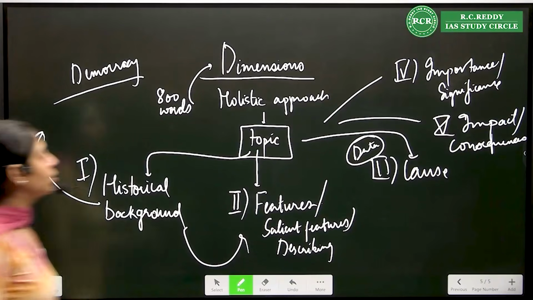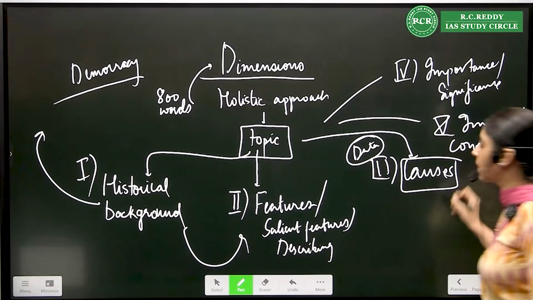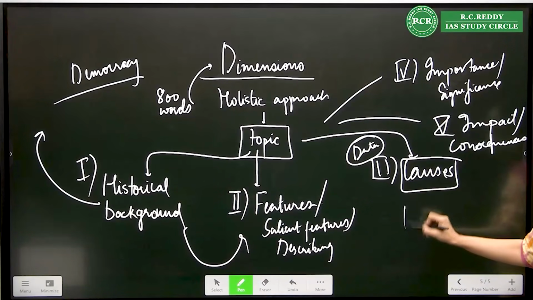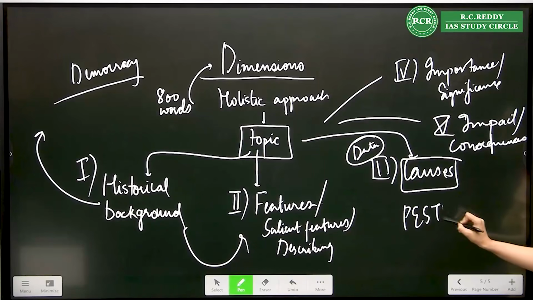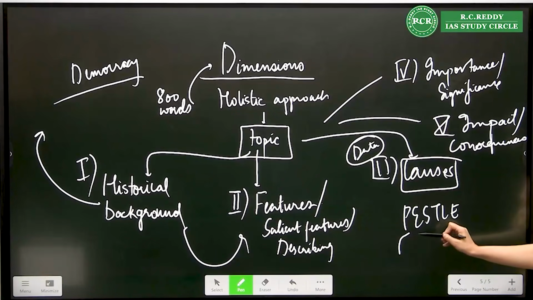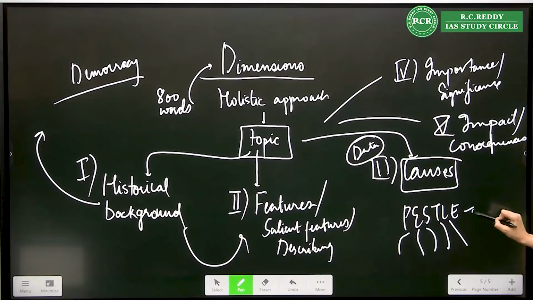And then, when you are thinking about causes or even significance, you can use this framework, PESTLE, to think: is there any political cause, economic cause, social cause, technological, legal, environmental, even for significance also.